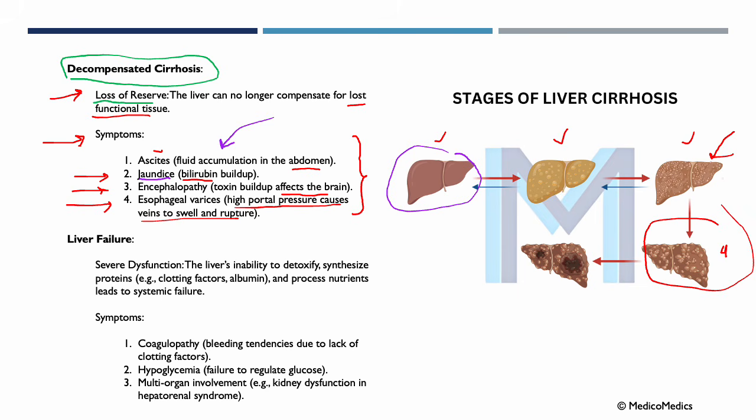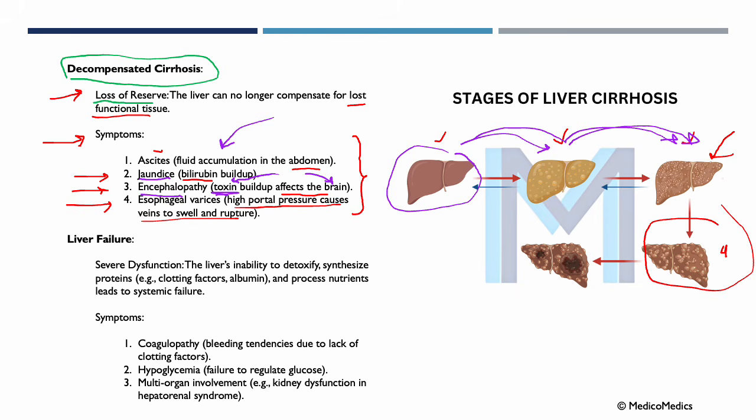Another role was the detoxification role of the liver. That has been lost. So toxins will build up, affecting our brain and leading to encephalopathy. And we also mentioned that as the stage develops and we go from normal to fibrosis and moving into cirrhosis, we will also have scarring around the portal vein, leading to increased pressure.